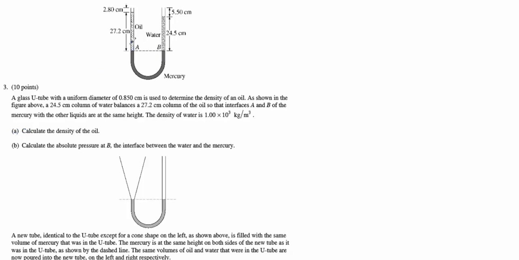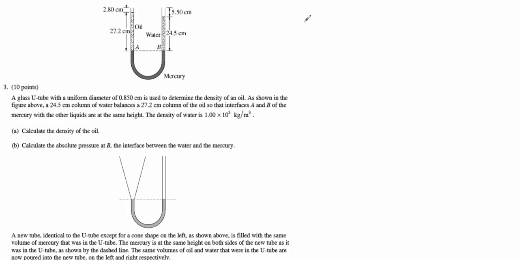So what you've got to understand is that the reason there are different heights of the fluid is that the pressure on this left side needs to equal the pressure on the right side. Because of the different densities of the fluid, you're going to have a different quantity of fluid such that it has the same pressure.